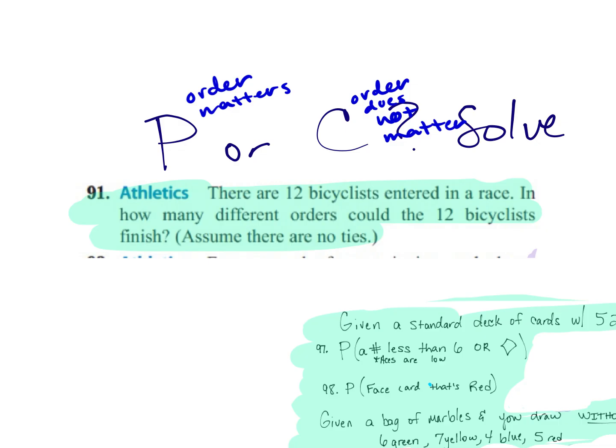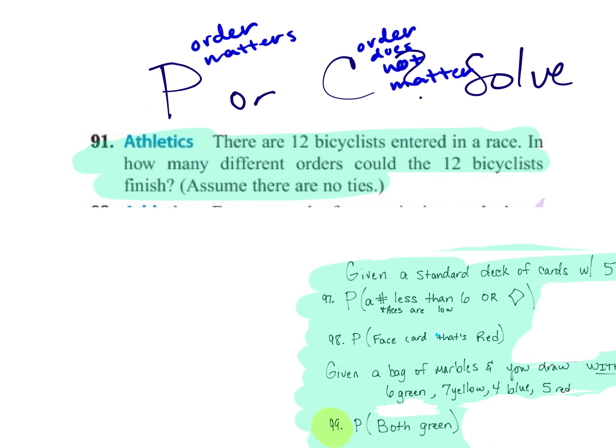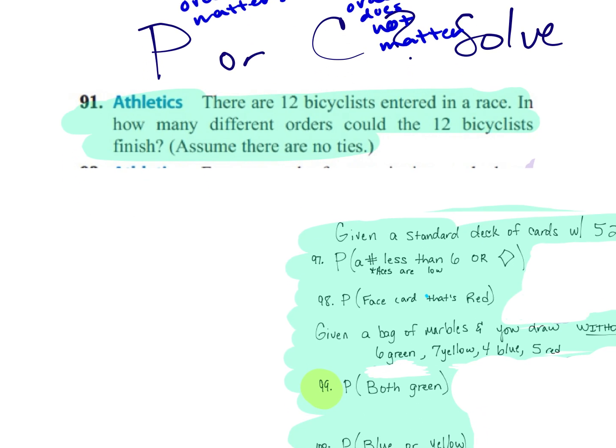It says there's 12 bicyclists entered in a race, and how many different orders could the 12 bicyclists finish? So you can do a permutation and put it in your calculator. This would be 12p12, because we have 12 people total, and we're seeing how many ways those 12 people finish. So you can use the probability button in your calculator.